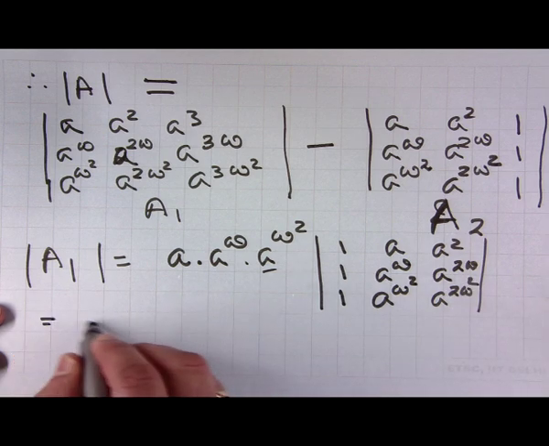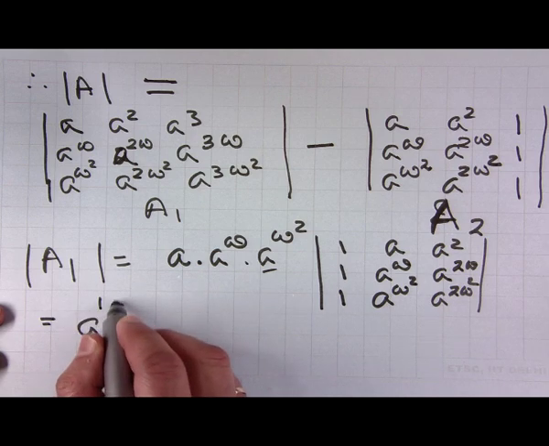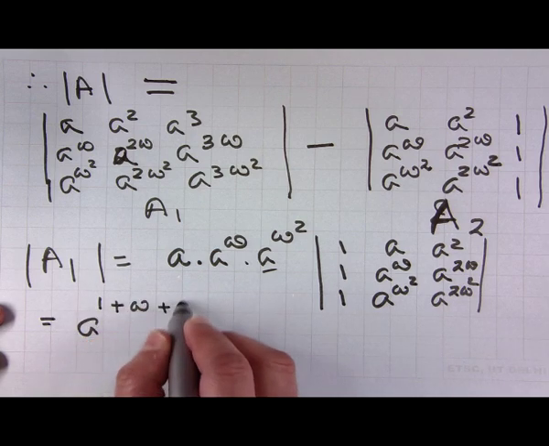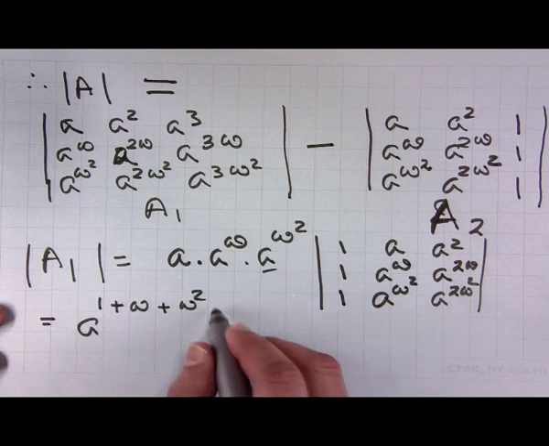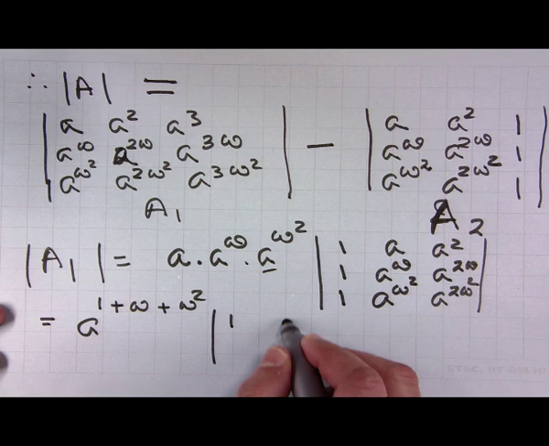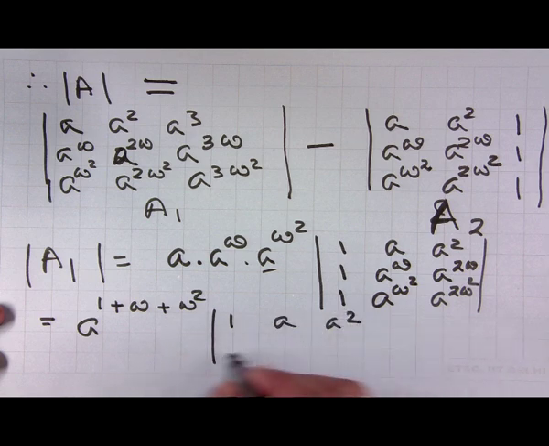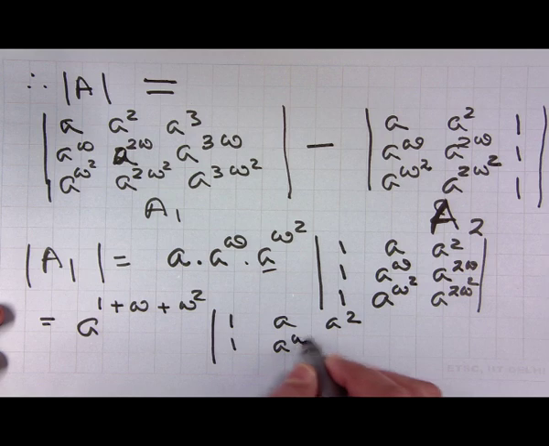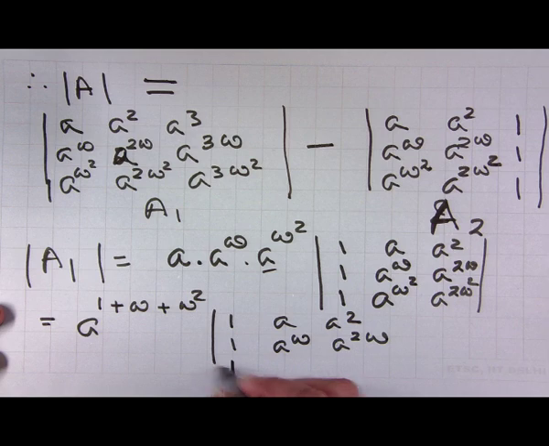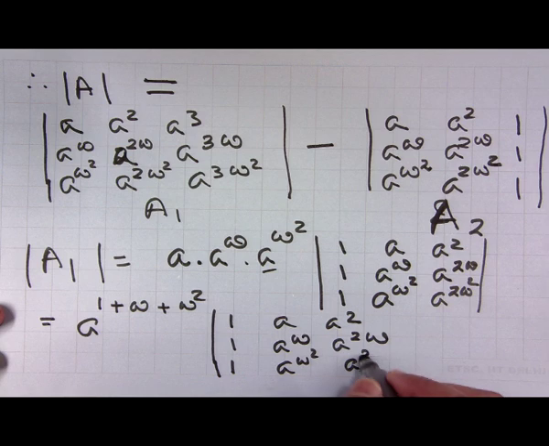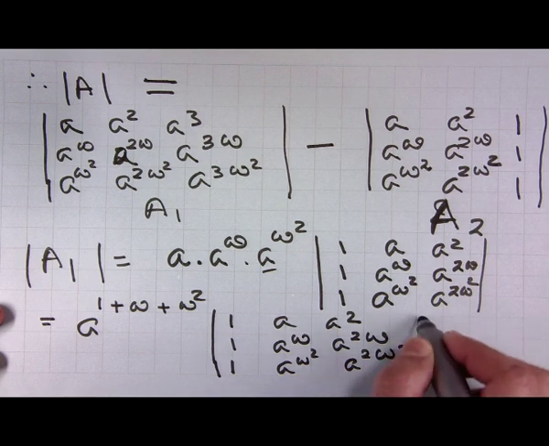This is equal to a to the power 1 plus omega plus omega square into the determinant of 1, a square, 1; a to the power omega, a to the power 2 omega, 1; a to the power omega square, a to the power 2 omega square.